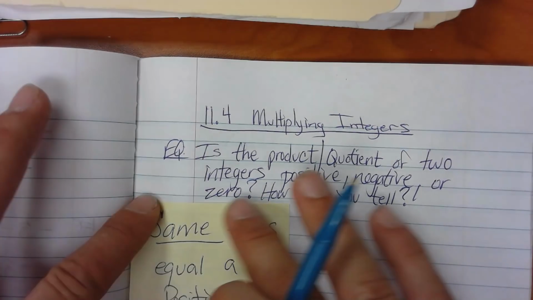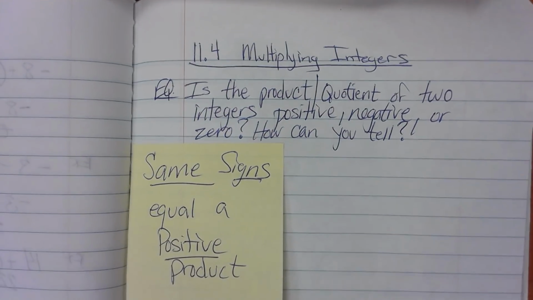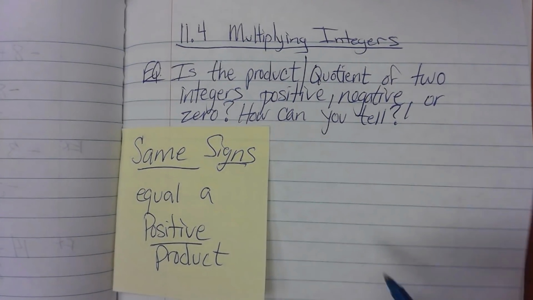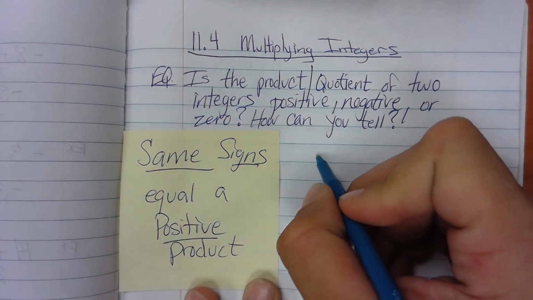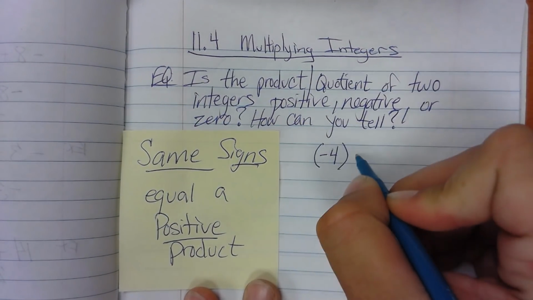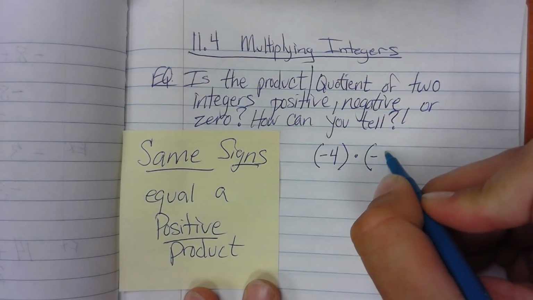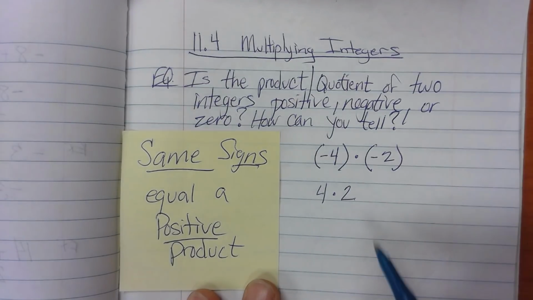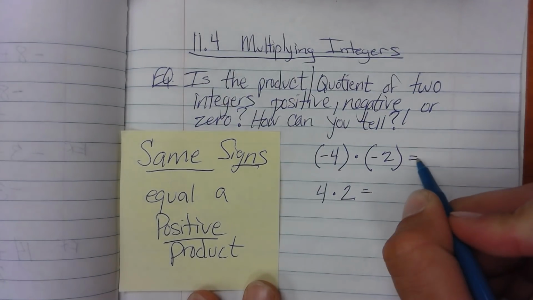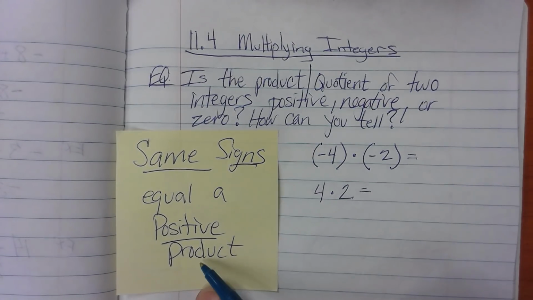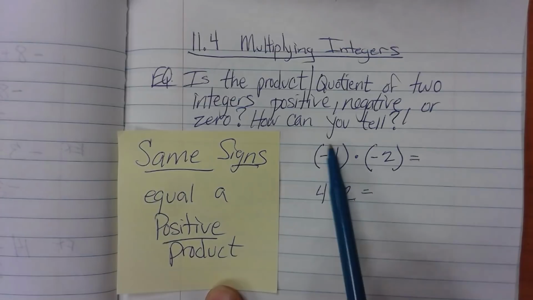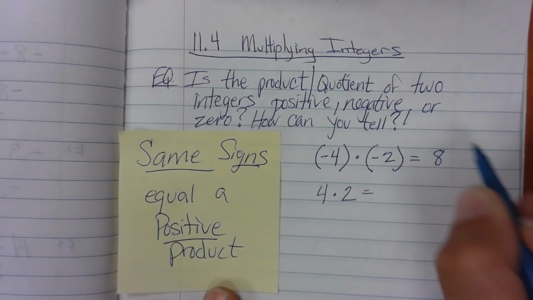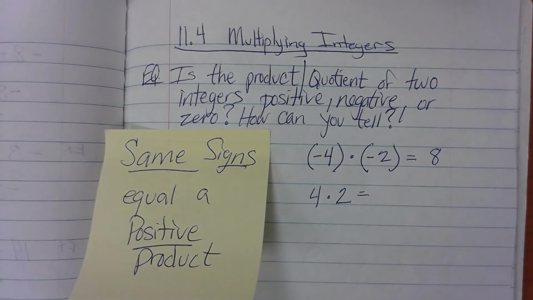So if your two factors have the same signs, so that would look like -4 times -2, right? Same signs, or same signs like this, 4 times 2. And then your product is going to be positive. So we see negative here, negative, and my answer is going to come out to be a positive answer.